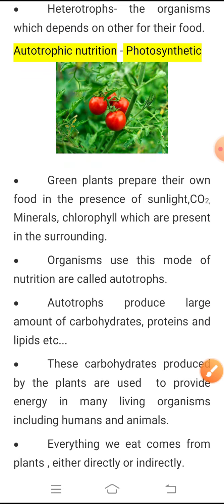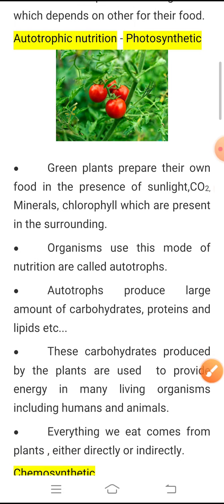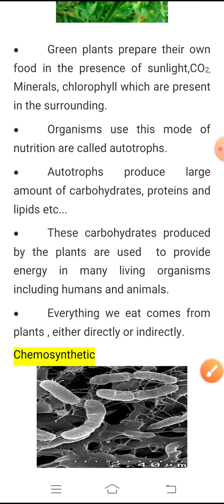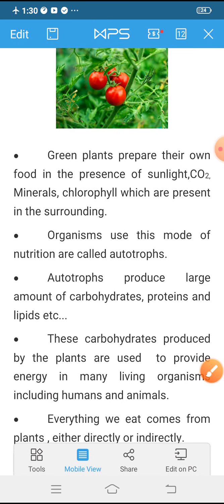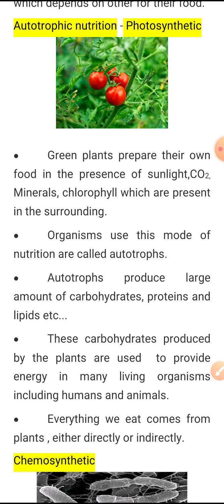That is, first one is photosynthetic and the second one is chemosynthetic. The autotrophic nutrition is classified into two, that is photosynthetic and chemosynthetic. Then what is meant by photosynthetic?